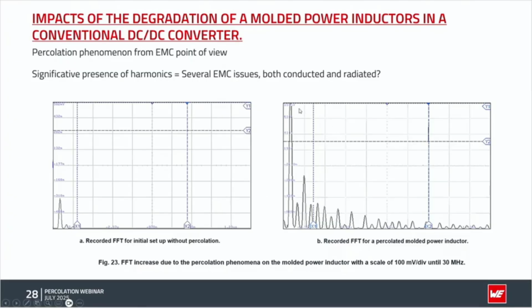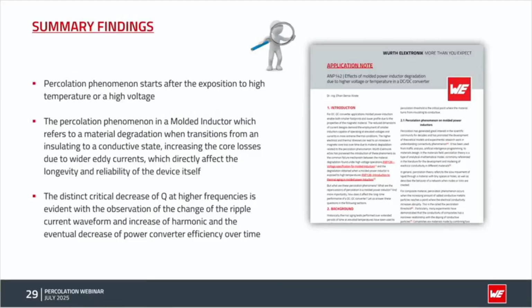So as a summary at this point, I'm going to say that we launched an application note to summarize these effects on molded power inductors degradation due to exposition to high temperature or high voltage. And high temperature, remember, is you accelerate the effect.